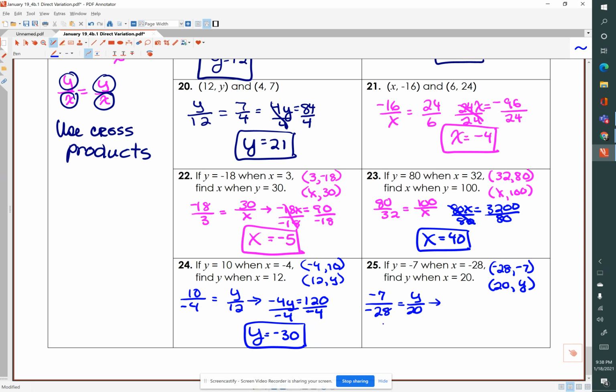And that will be negative 28y equals negative 7 times 20, which is negative 140. Divide both sides by negative 28, and y equals 5. Negative divided by negative is a positive. 140 divided by 28 is 5.